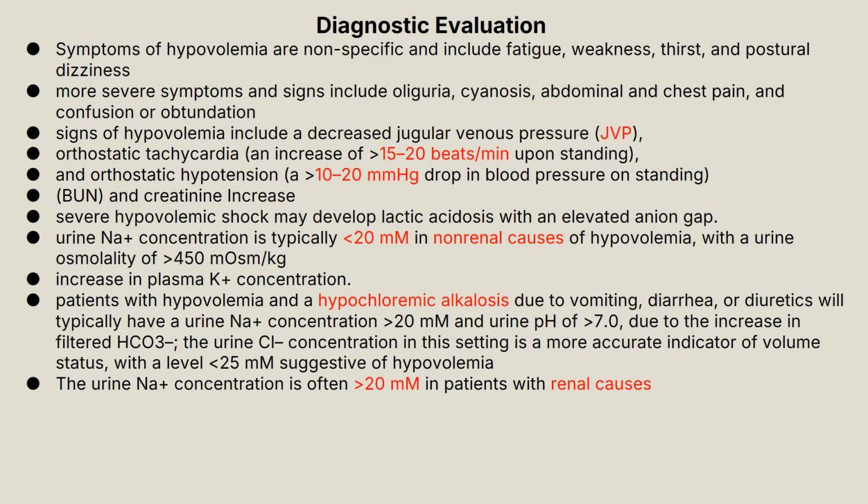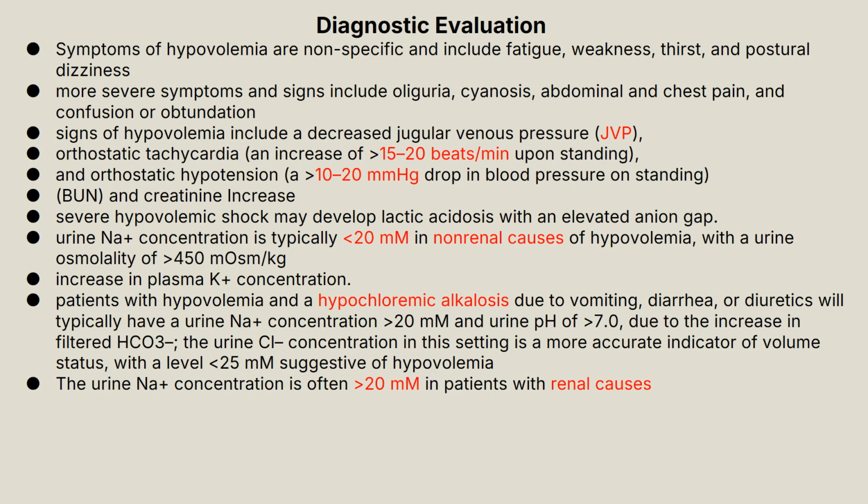To reiterate on this point, if you suspect a patient having a hypochloremic cause of hypovolemia, and by ABG this patient has an alkalosis, then do not seek sodium in the urine. To assess his hypovolemic status, seek chloride. A decrease in chloride excretion is expected.